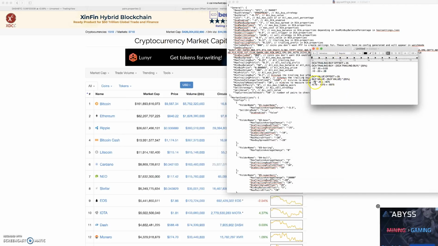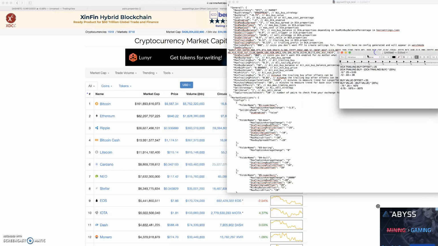So negative 0.75 times 25% is 0.1875. Now negative 0.75 minus 0.1875 is negative 0.9375. So now in my bear market, my buy value is looking for negative 0.9375%. It's not looking for that negative 0.75. So that's what these offsets can do, and that's how they can really help you.